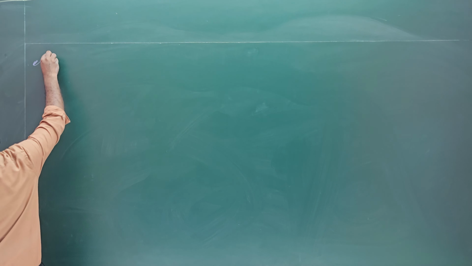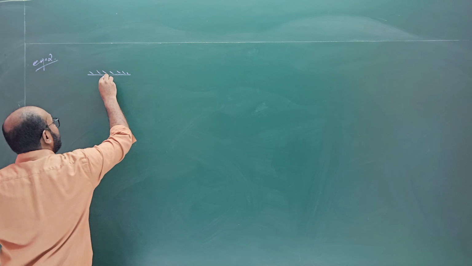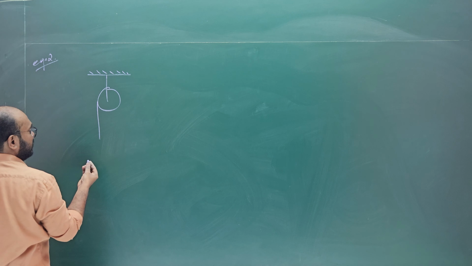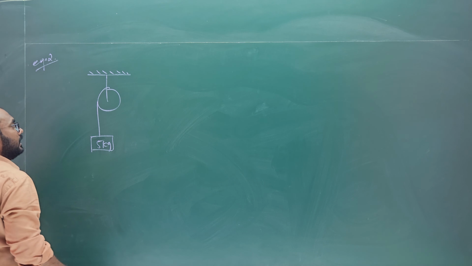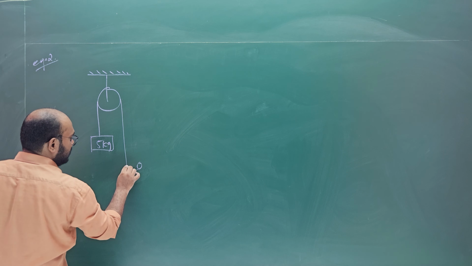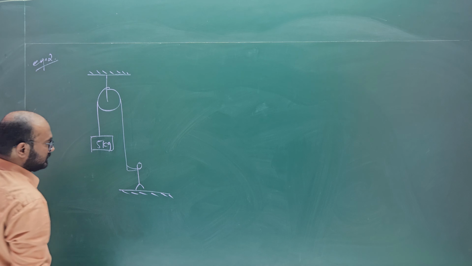Example number 2. Now consider, here is a fixed pulley again. On this fixed pulley there is a mass, 5 kg, and one person is holding the string like this.